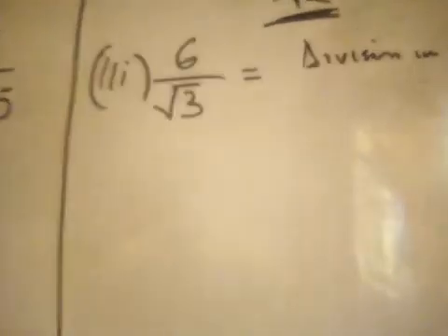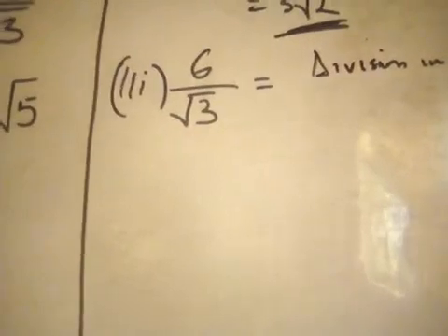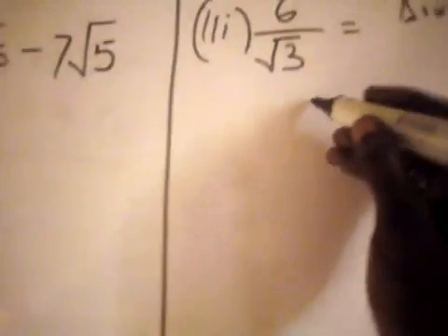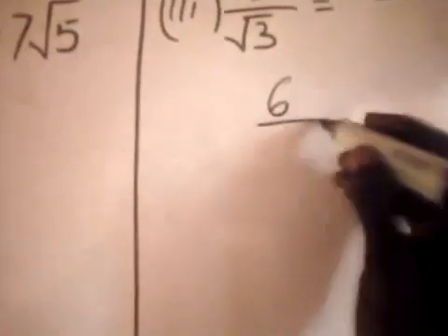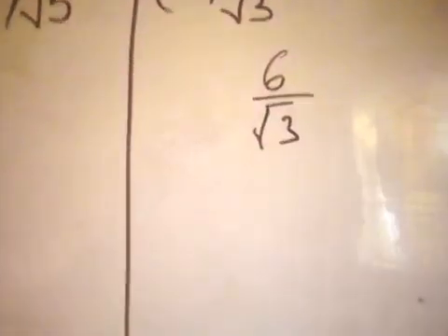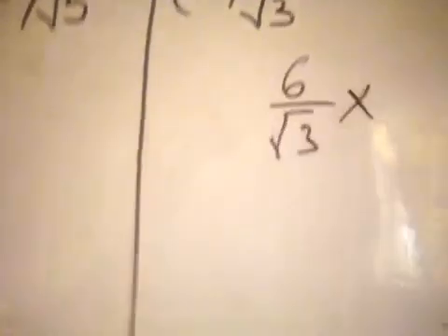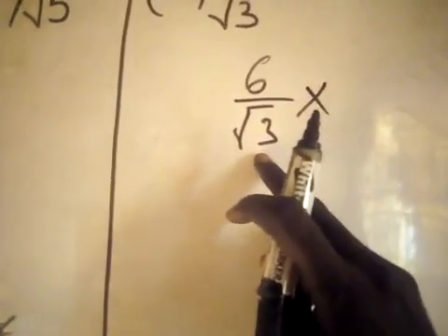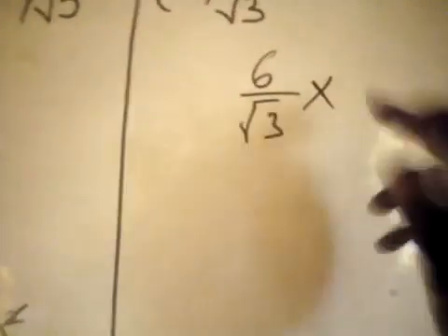Okay, let's look into it so that you're able to know how to resolve it like that. So you have this over this. You now multiply the numerator and the denominator by this root 3.